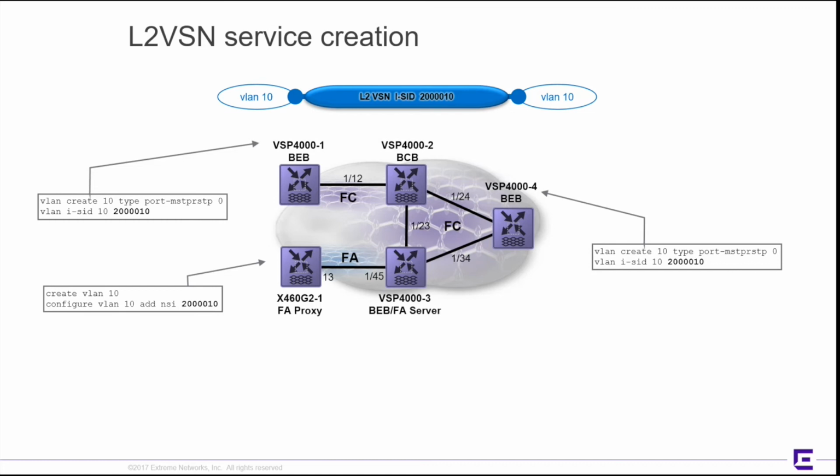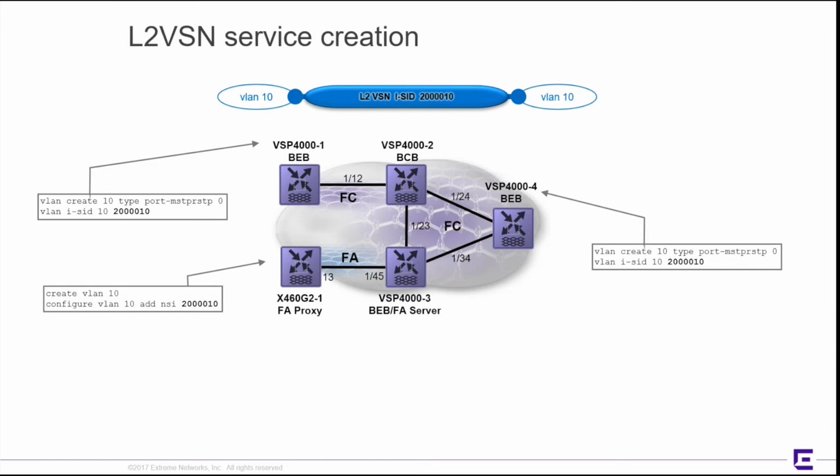We're showing provisioning at the edges, really just: you create the VLAN, give it an I-SID, and the L2 VSN is created no matter where you do that. So we're showing that 3 nodes here are configured.